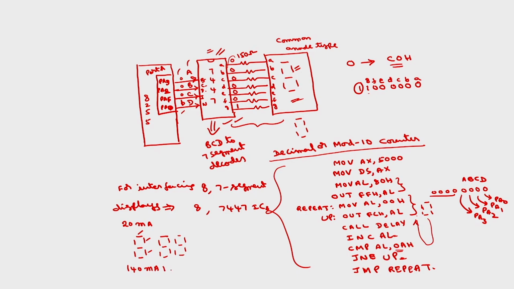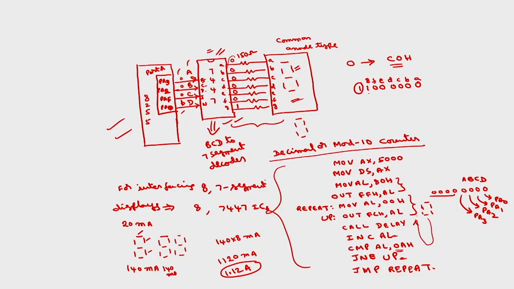This is 140 milliamps each, so the total will be 140 into 8 milliamps, which is of the order of 1120 milliamps or 1.12 amps. This is a large current, so this will draw more power. This is one of the drawbacks of using this type of configuration for multiple 7 segment displays: it draws more current, and thereby more power consumption.